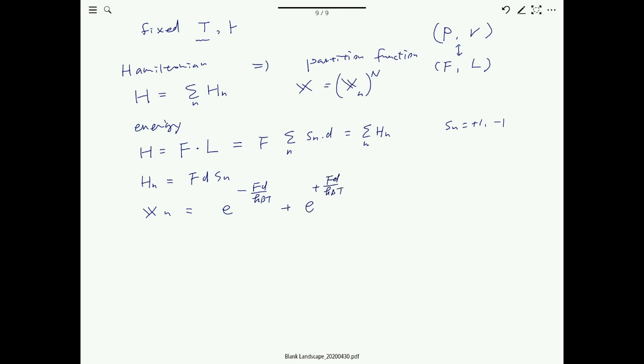My partition function is the product of my single-segment partition functions, which is something like 2 cosh of Fd divided by kBT, to the power of capital N.